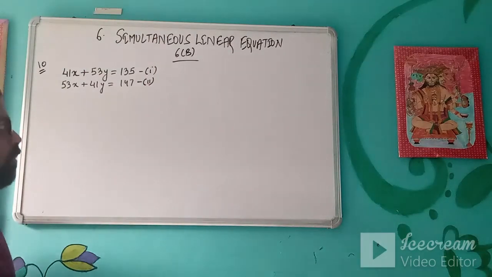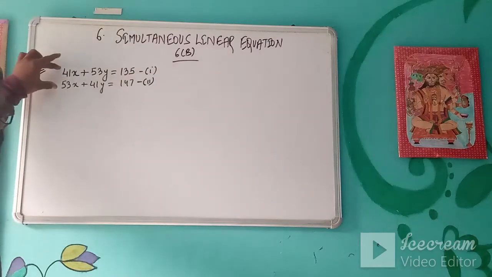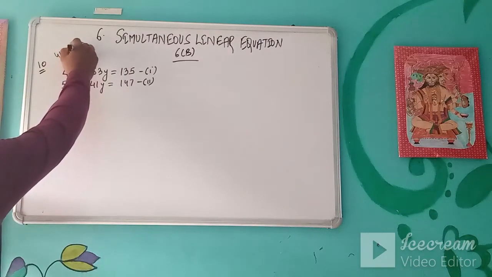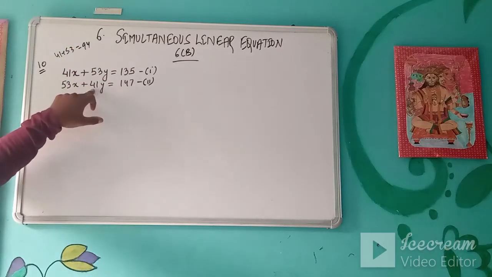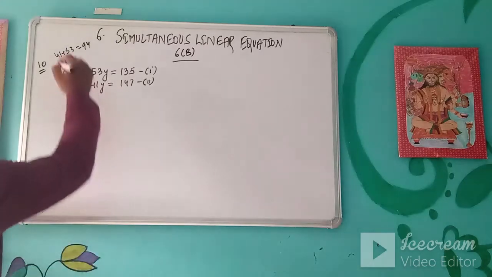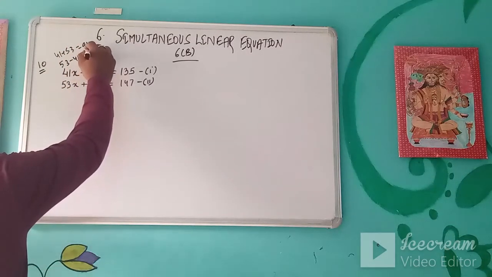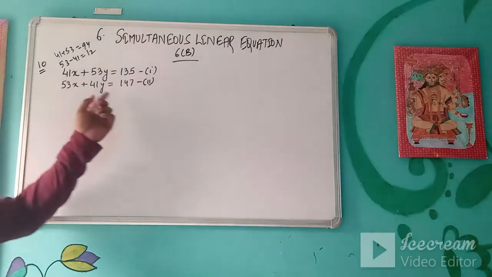In order to avoid the complex calculations, if we notice this, 41 plus 53 is equals to 94. So in both places I will get 94. Similarly 53 minus 41 will give me 12, in both places.